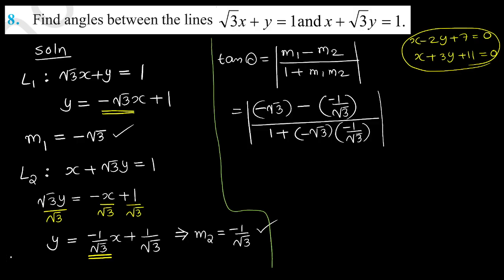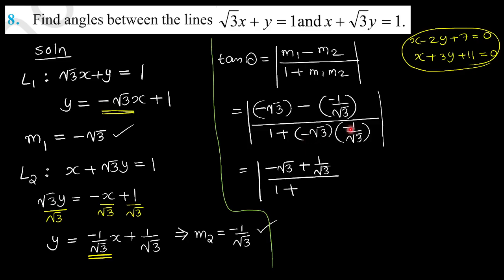So others, please listen. Modulus of minus root 3 simplification. Here minus of minus becomes plus 1 by root 3. The denominator is 1 plus; if you don't understand, you can ask me.